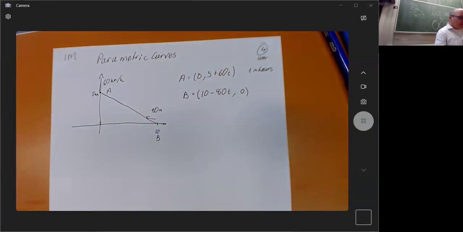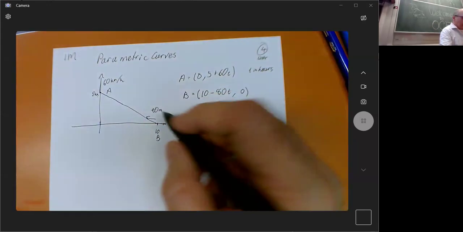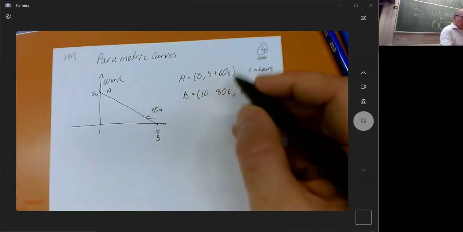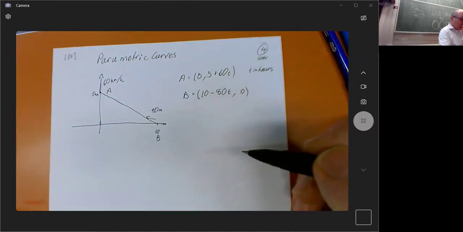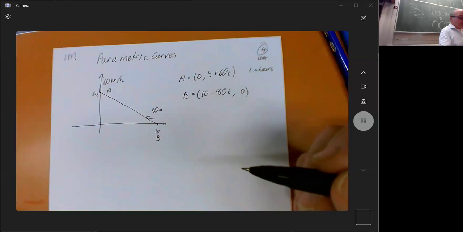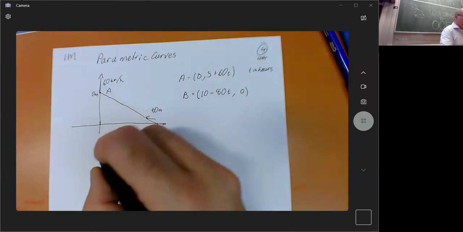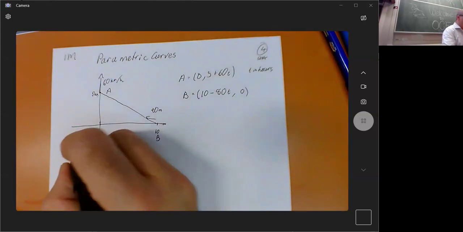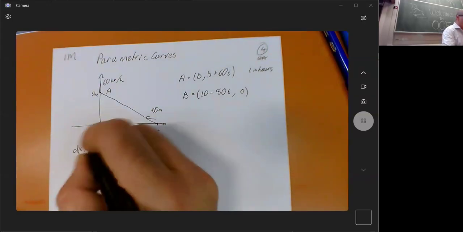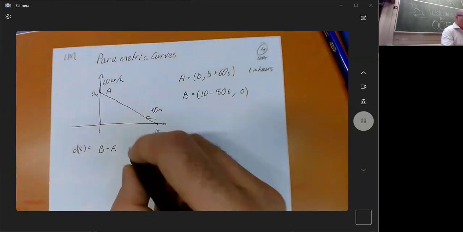I know that when I talk about this difference, this minus this, or whichever way I want to do it, if I do B minus A, that's the distance between them as a function. And so that is actually a vector.